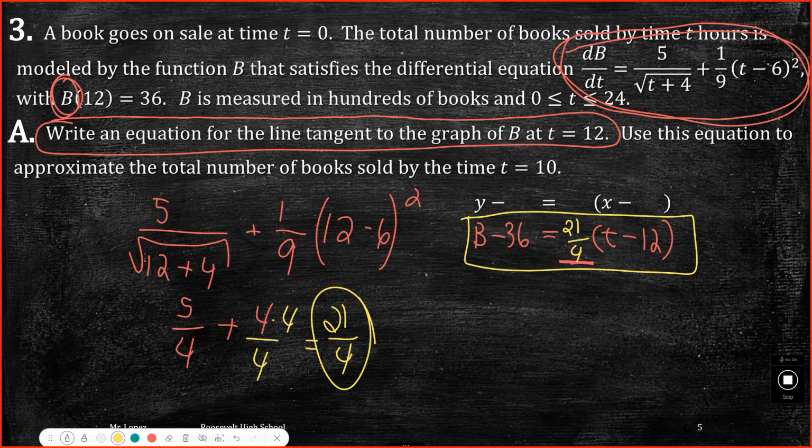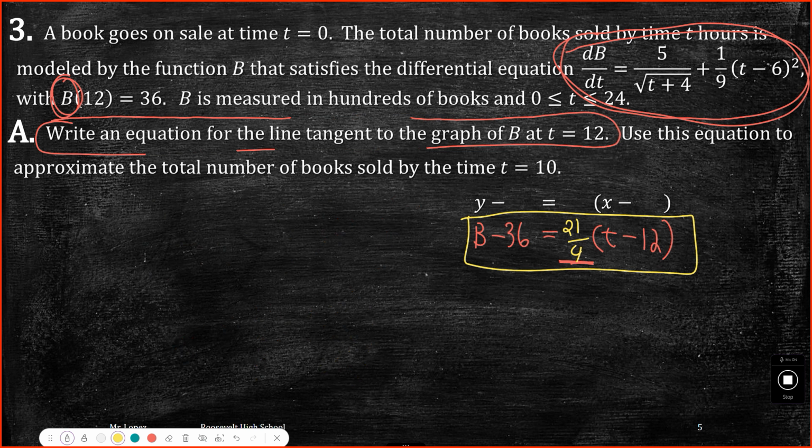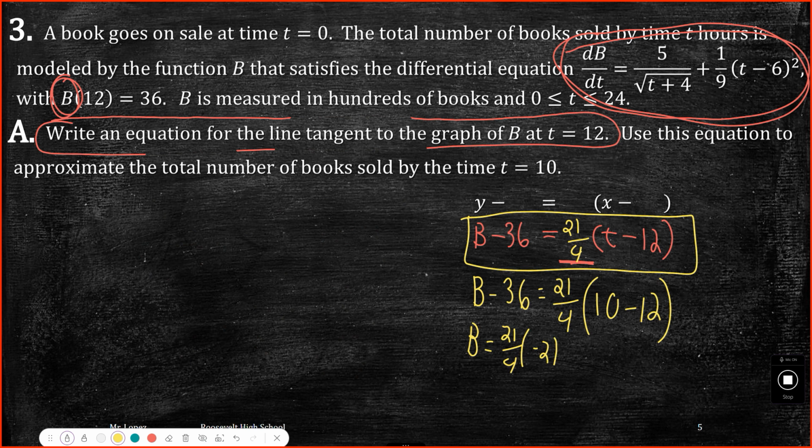Yes, let's do that. Let's move that 36 over to the other side already. So it'll be b equals 21 over 4, negative 2, and then plus 36.